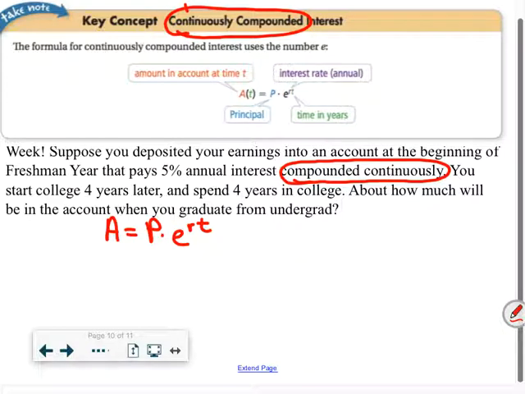It says compound interest and continuous compound interest. You will use compound interest all the time except when it says continuous compounding, okay? So this one is continuous compounding. It says you start college 4 years later and spend 4 years in college. About how much will be in the account when you graduate from college?